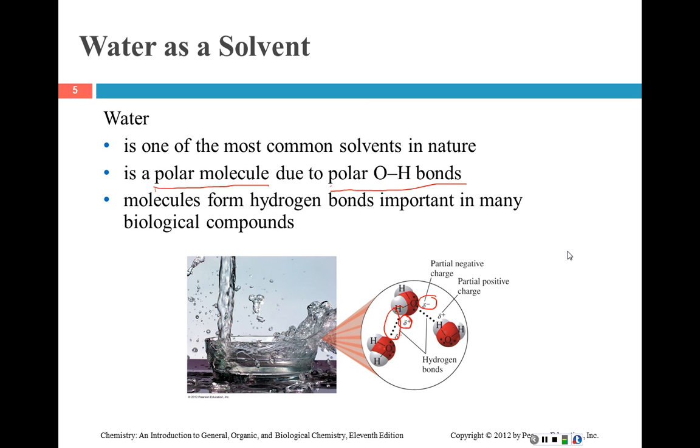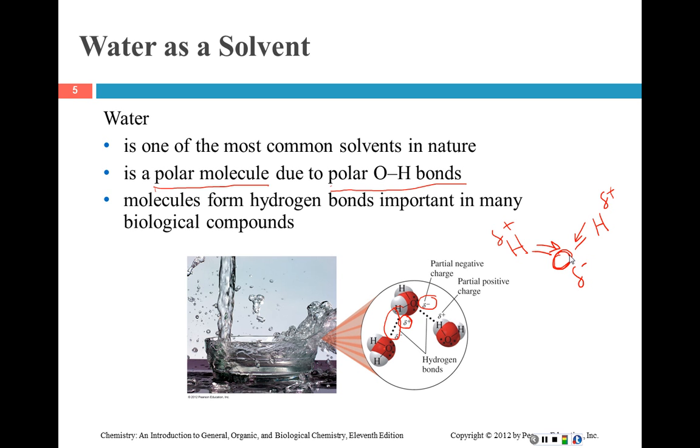It's important to remember that you've got the oxygen covalently bound to your two hydrogens, which gives this a slightly positive end and a slightly negative end on the side with the oxygen. And if you remember electronegativity, the oxygen is more electronegative, so it tends to pull all of those electrons towards itself.